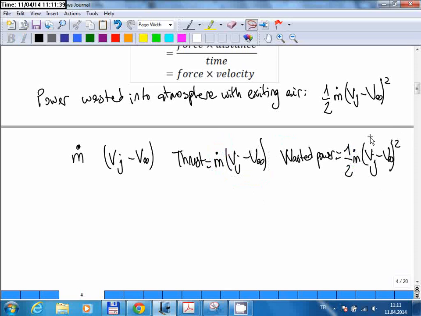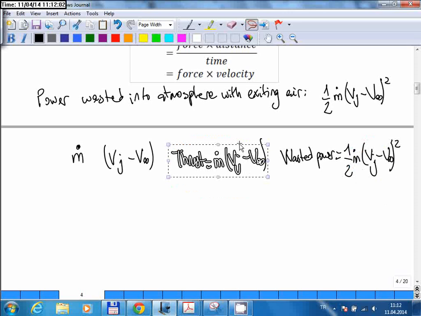But if you do that, you increase the amount of power you waste as well, right? And there's nothing you can do about that. If you say, I don't want to waste any power at all, then you should either set m dot to 0 or the speed increase to 0. But if you do any of that, then your thrust force will become 0 as well.